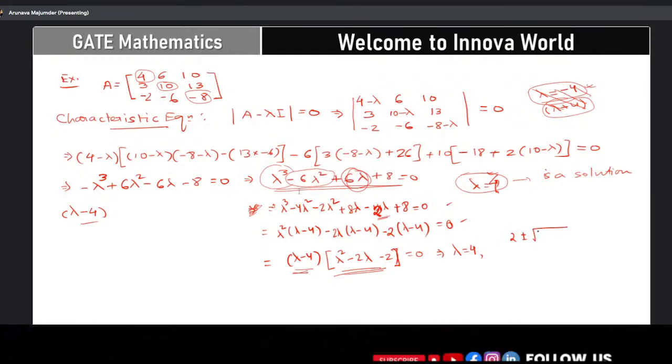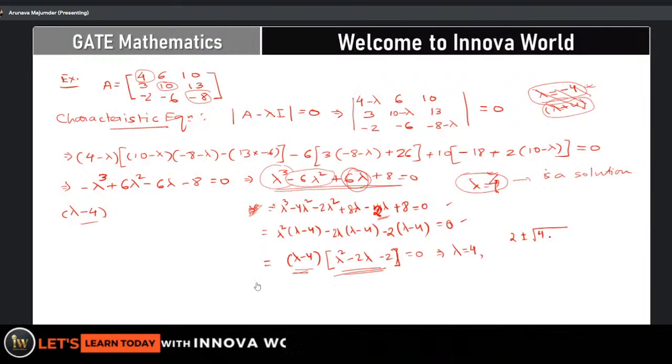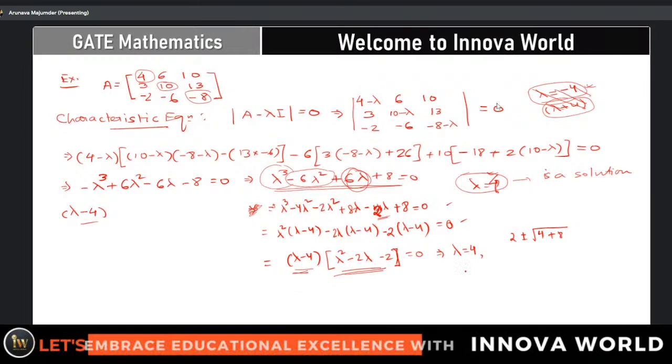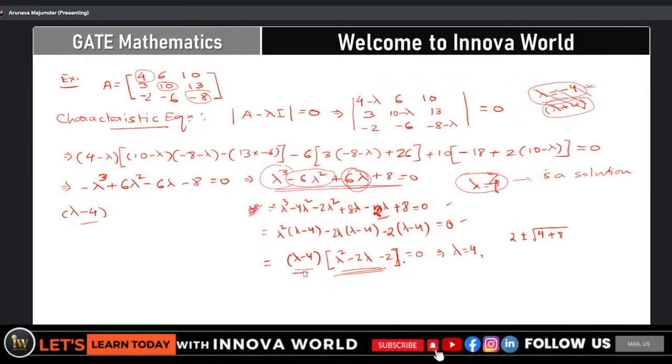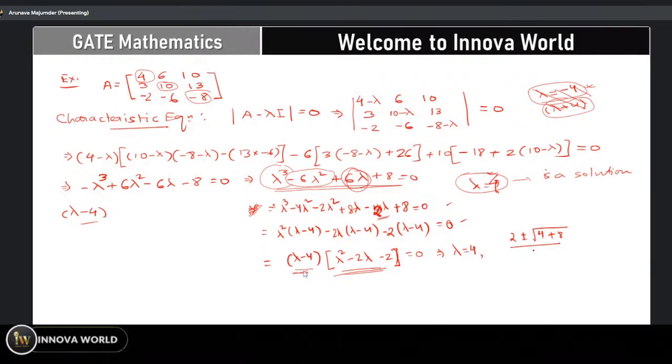So b square means 4, and a into c gives minus 2, so minus 4ac becomes plus 8. Divided by 2a, so 2.